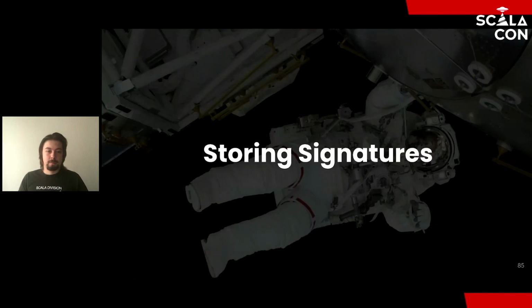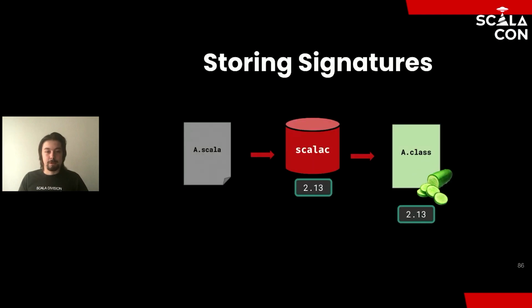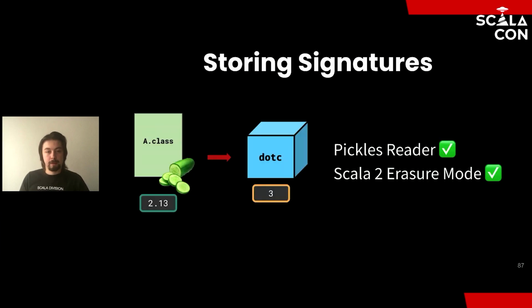So essentially, when Scala 2 compiles a Scala source file, it produces a class file. That class file contains the Java bytecodes necessary to run the program, but it also stores an annotation which contains a list of all the APIs in that source code, but with Scala types. We call that pickles.